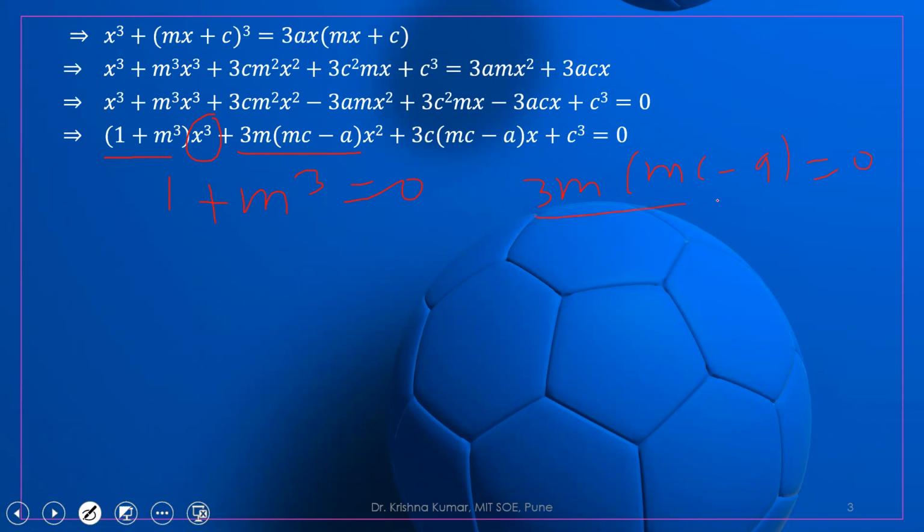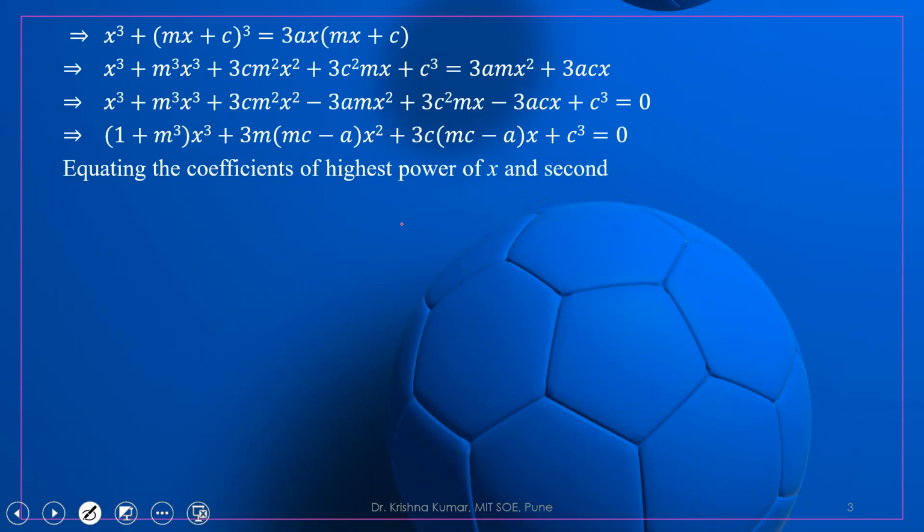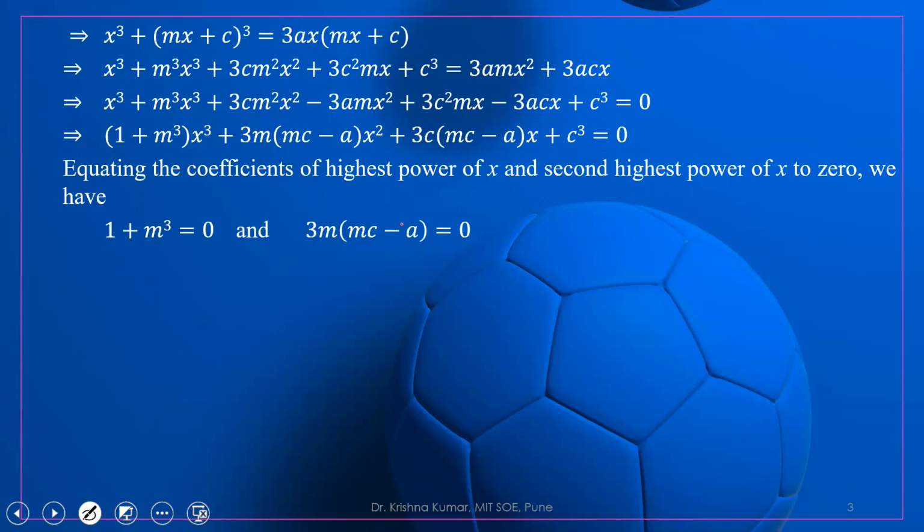So this is the second condition. With the help of these two equations, we want to find out the value of m and c. So equating the coefficients of highest power of x and second highest power of x to 0, we have 1 plus m^3 equal to 0 and 3m(mc minus a) equal to 0.